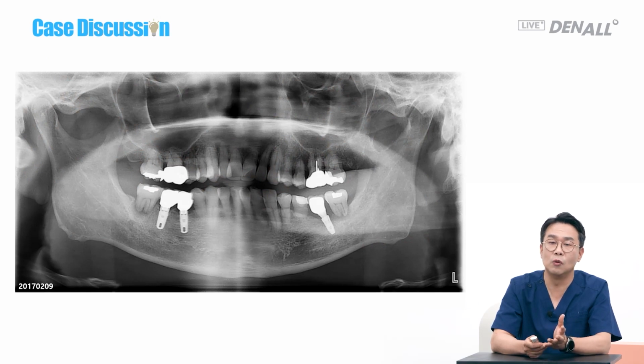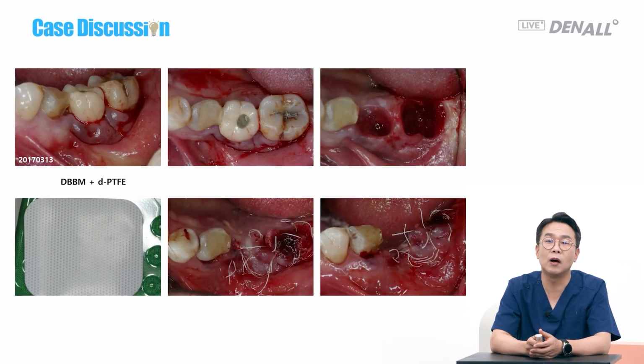Likewise, a patient came like this. The problem is at number 30. The existing implant and the distal hopeless tooth, so I thought it would be concave and did the same procedure. The PTFE membrane, which is widely used today, is not stiff.